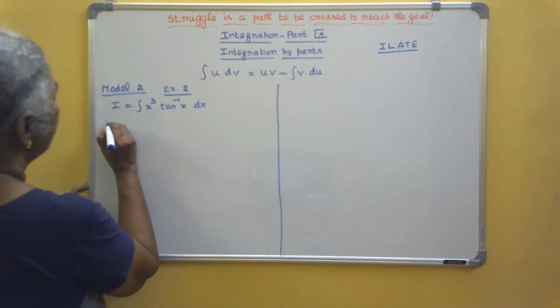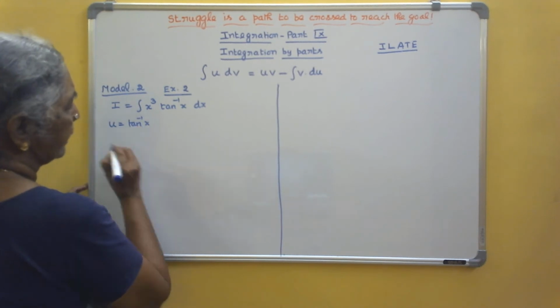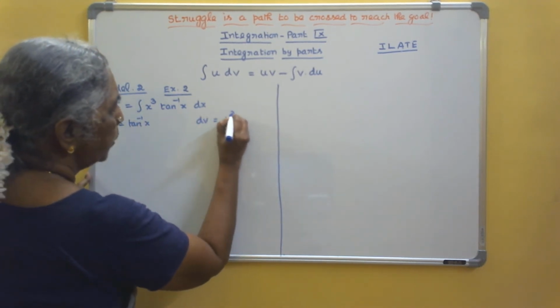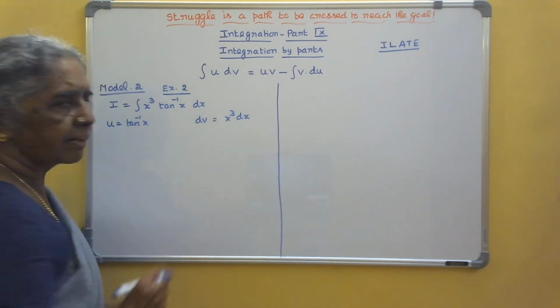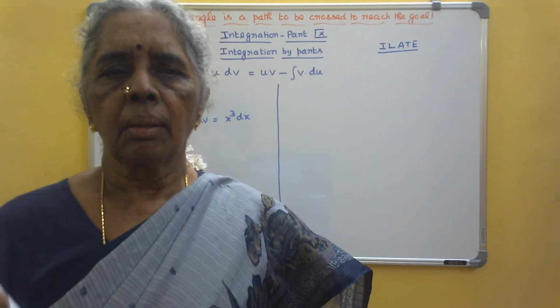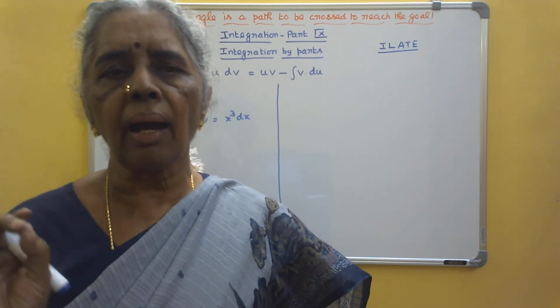So let me write u is equal to tan inverse x. Then dv will be x cube dx. I think now you will be clear about how to identify the u function using the ILATE rule.